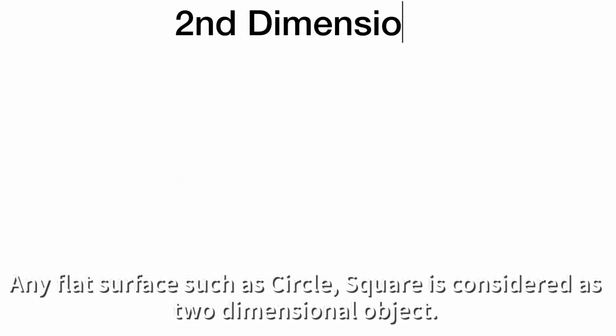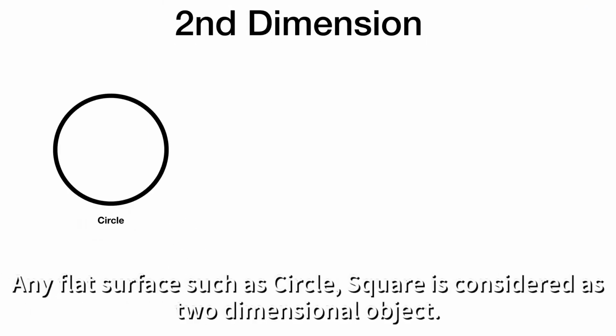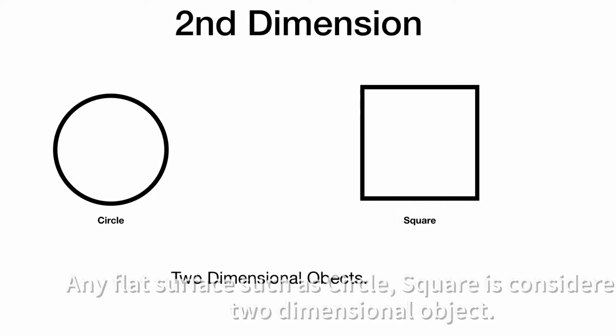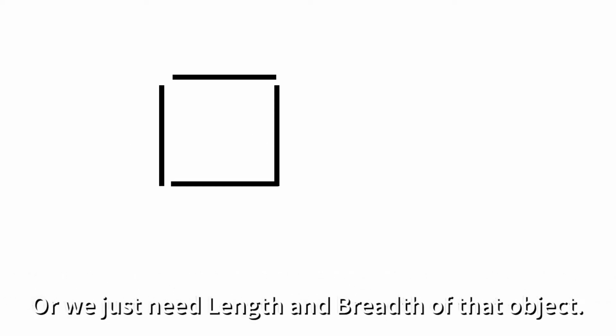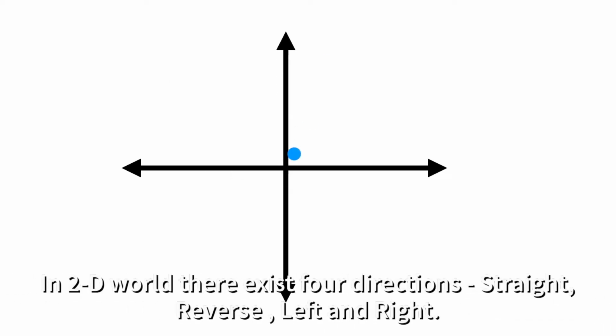Any flat object such as a circle or square is considered a 2-dimensional object. 2D objects are studied in x and y axis, since we need 2 coordinates to specify any point in it, or we just need length and breadth of that object. In 2-dimensional world, there exist 4 directions, which are straight, reverse, left and right.